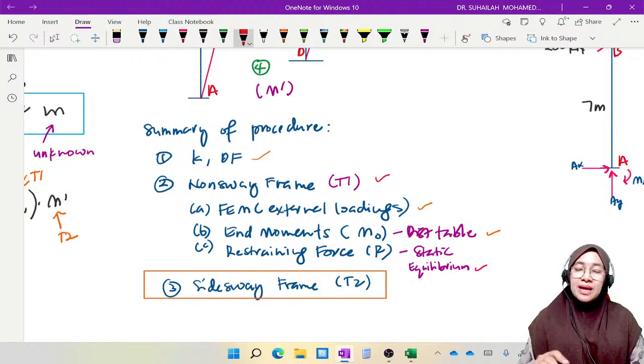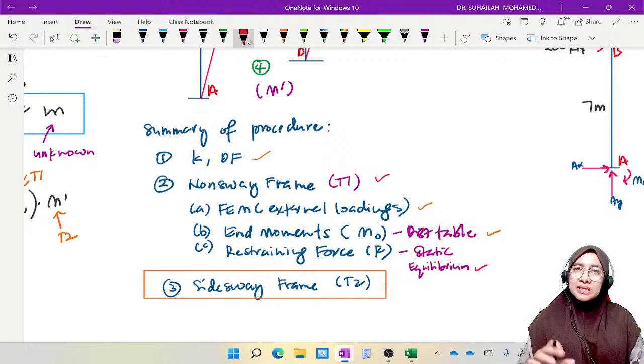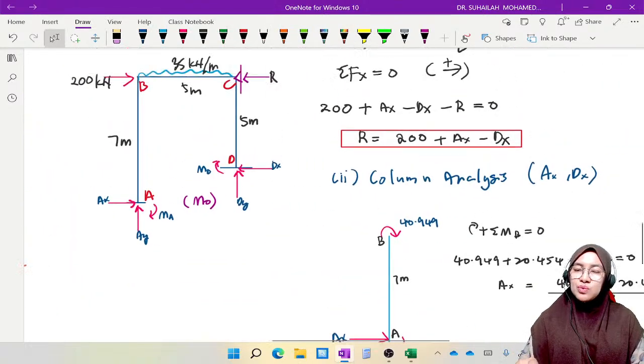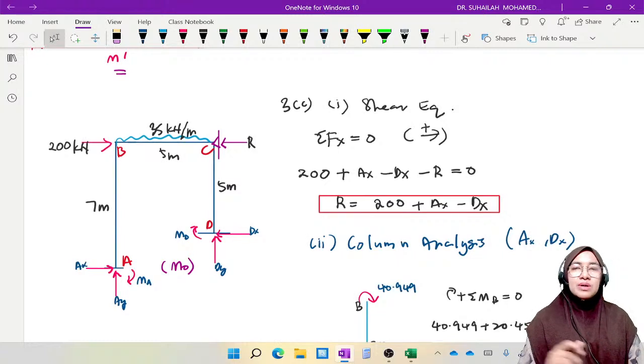Then from the free body diagram as well as static equilibrium, we determine the value of the restraining force, which we get from the shear equation.